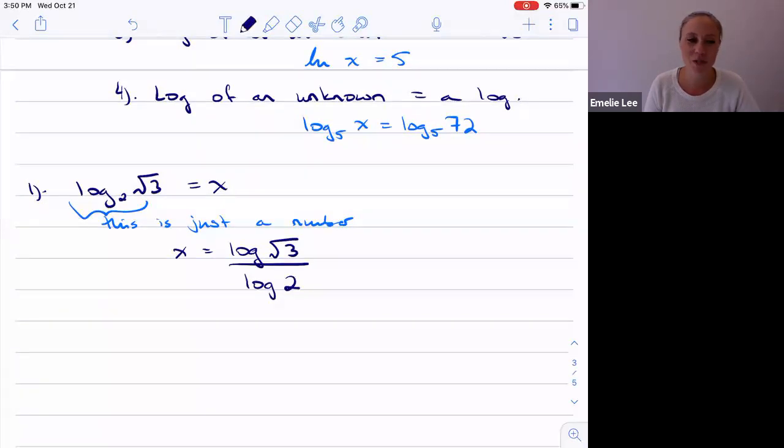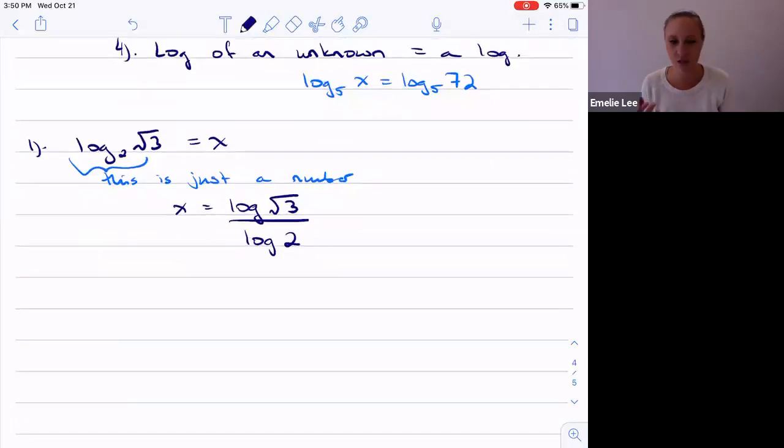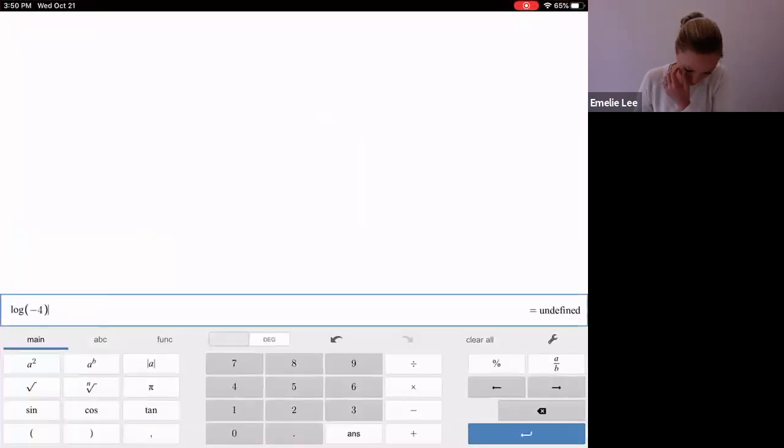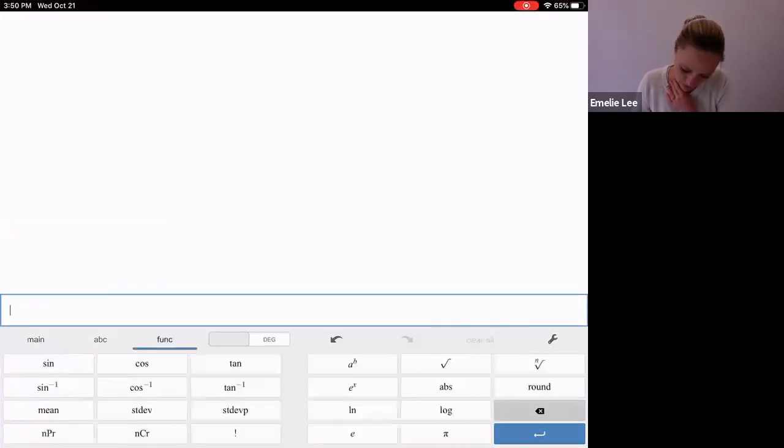I don't know why I keep choosing log base 10 when I often just prefer to use the natural log, but it doesn't matter. In fact, you can try it on your calculator. It'll give you the same answer.